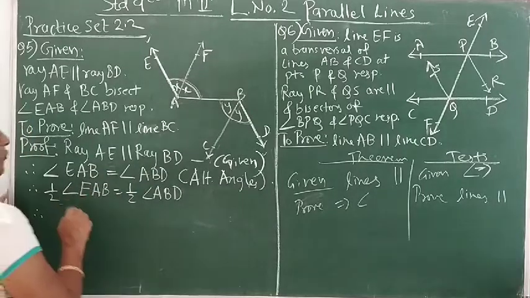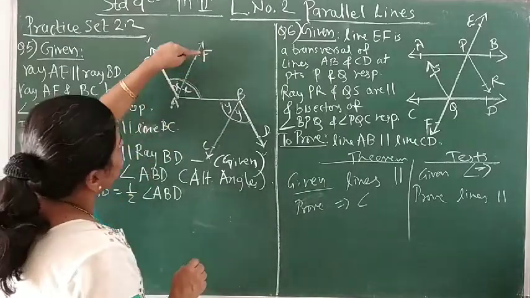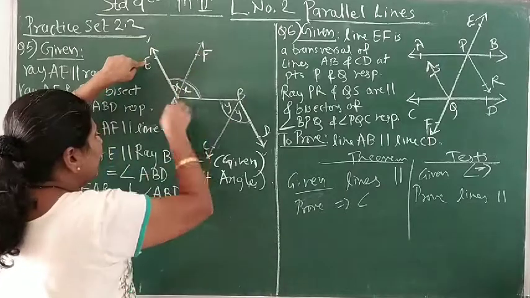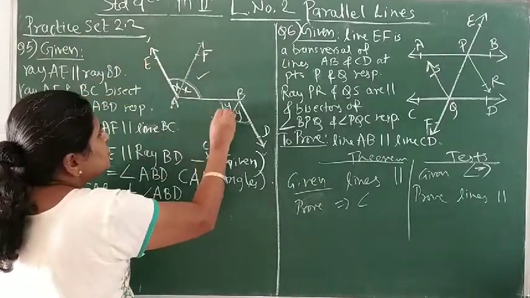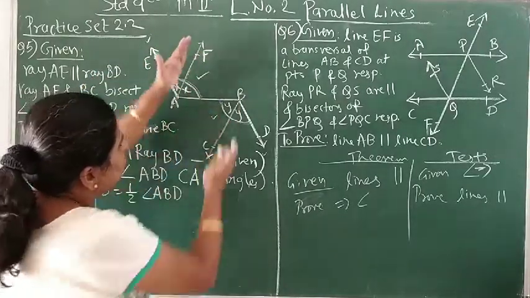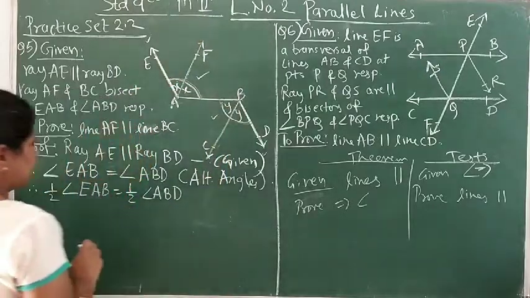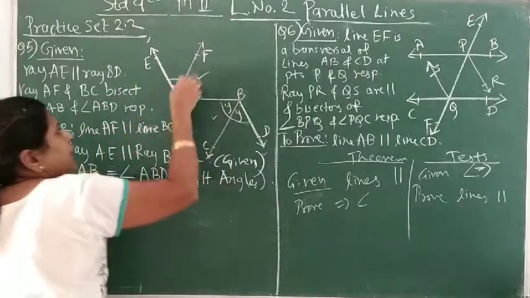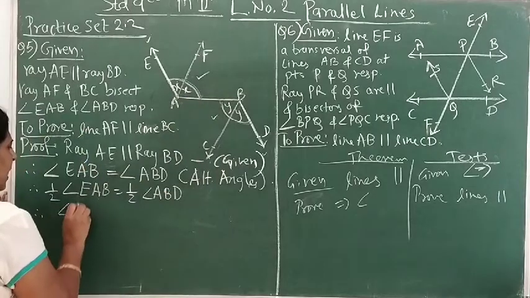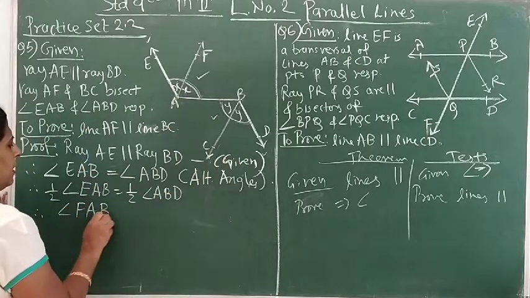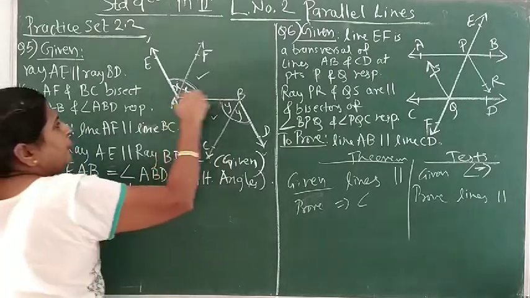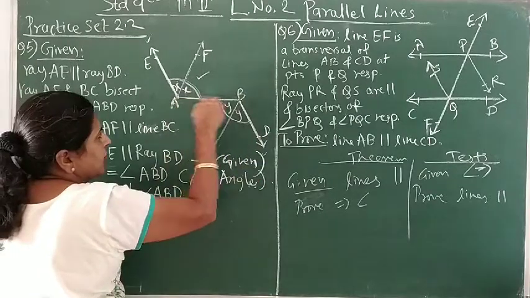What is half of EAB? We can take either EAF or FAB, but of course we will select the angle that will be the alternate angle for these two lines. Therefore half of EAB we are going to take as FAB. Angle FAB is equal to half of ABD, and we are going to select this as ABC.